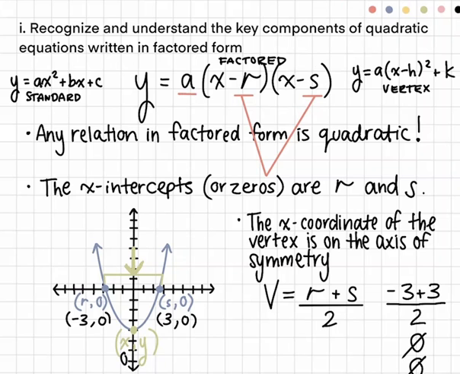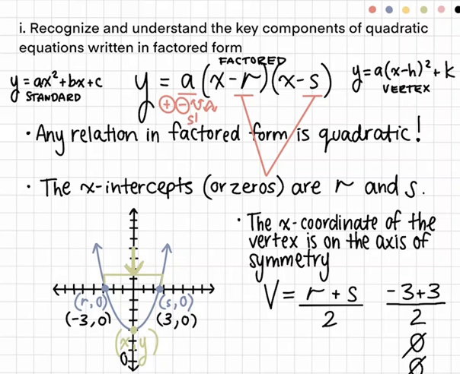You should know as well that a also has to do with this, which should look familiar, right? If a is positive or negative, it's going to determine if the parabola opens up or down, and it's also going to determine, what's the second thing that a determines?